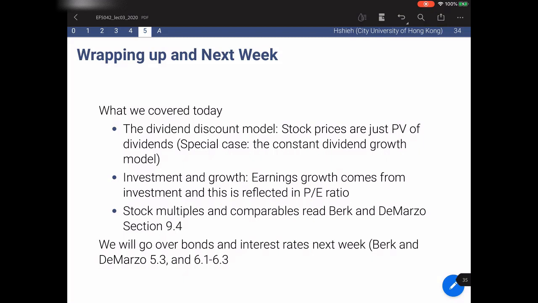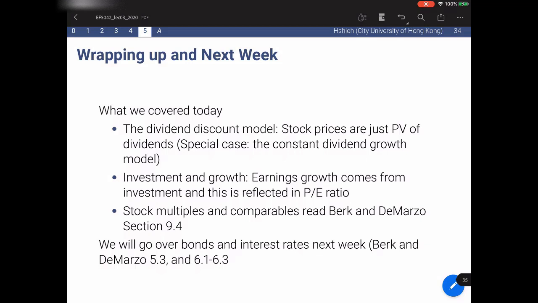The way we did this is we linked the growth path of the dividends with a firm's decision to retain its earnings and allocate that for investments. Okay, and we explored this relationship between investments and growth through its relationship with PE ratios.